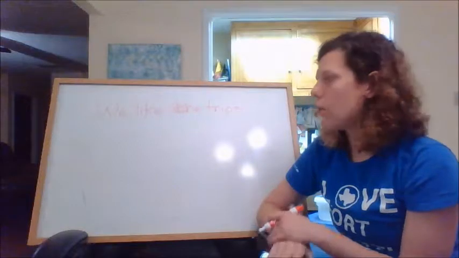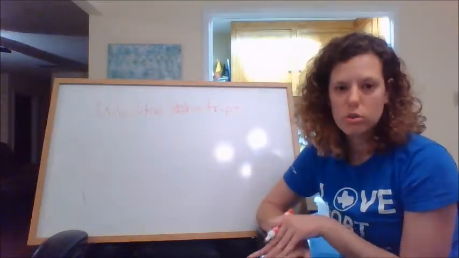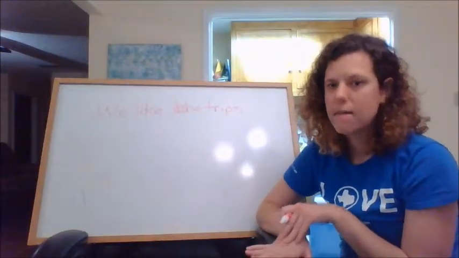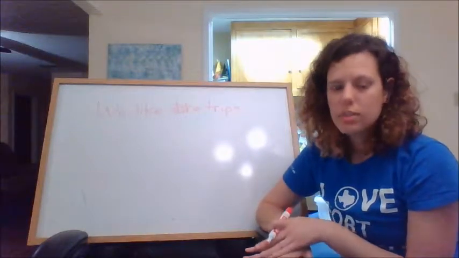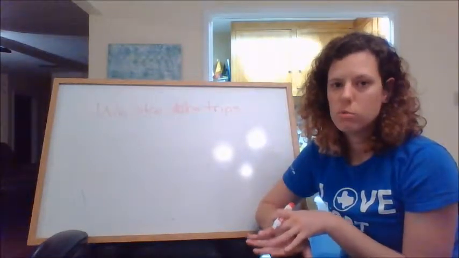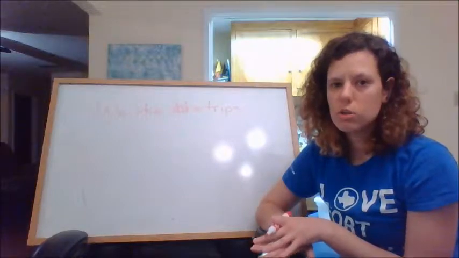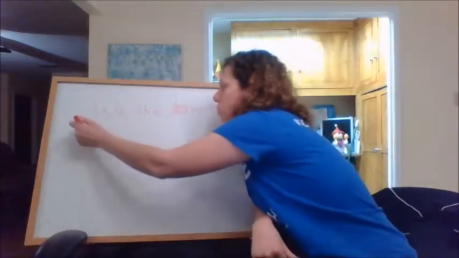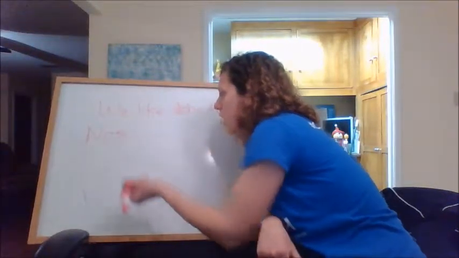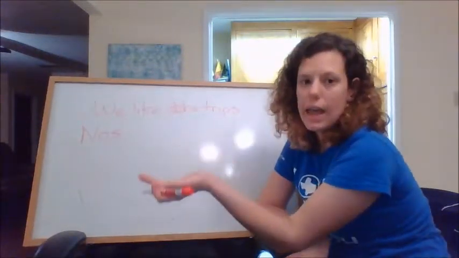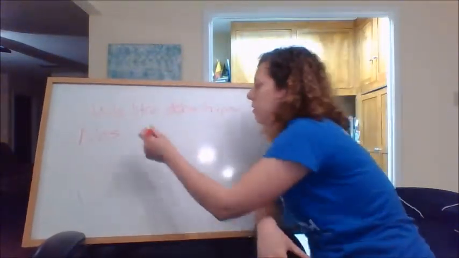So it's not nosotros gustan. The one doing the liking, that's the one you have to use the indirect object pronoun for. So the indirect object pronoun for we is nos. The verb we use for like is gustar.